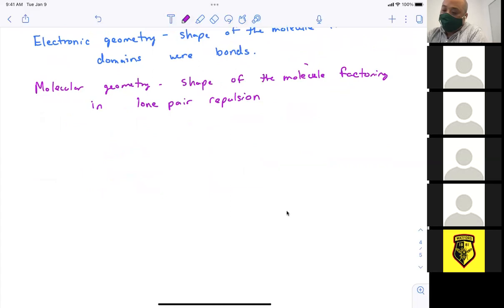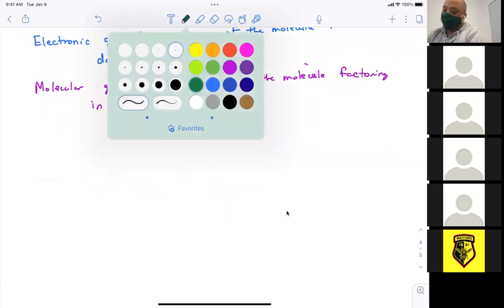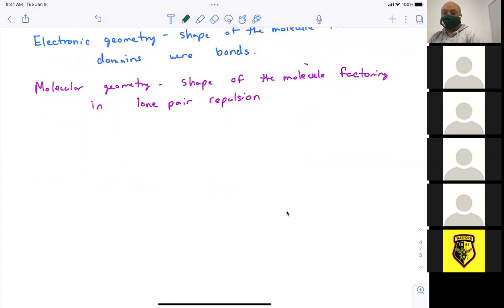So let me demonstrate what we're talking about here, with examples for each of these. CO2. When you look at CO2, you have 2 electron domains around the carbon.